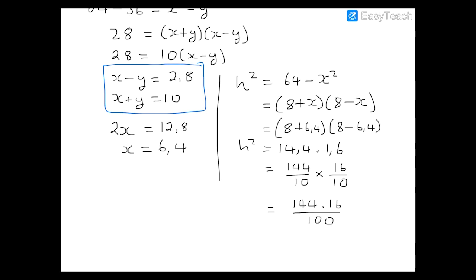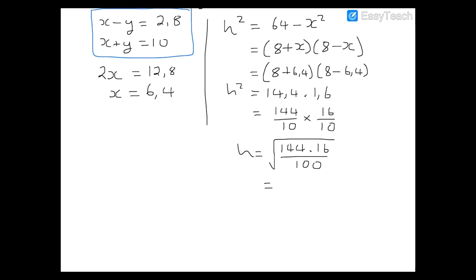If I take the square root of that, which will then be equal to h, I get the square root of 144, which is 12, multiplied by the square root of 16, which is 4, divided by 10. Then 2 goes into 10 5 times, and 2 goes into 4 twice. So I end up with 2 times 12, which is 24, divided by 5. So if you wanted to go the Pythagoras route, this is how you would do it.